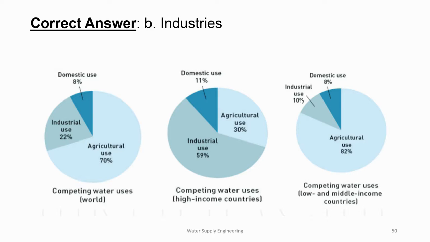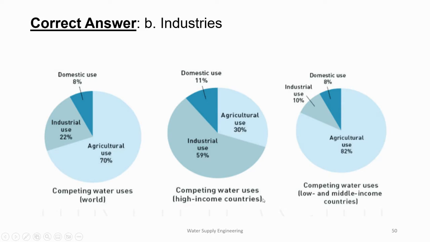In the case of worldwide use, agricultural use comprises around 70 percent. Then comes industrial and then domestic. The trend is similar in the case of low and middle income countries as well.